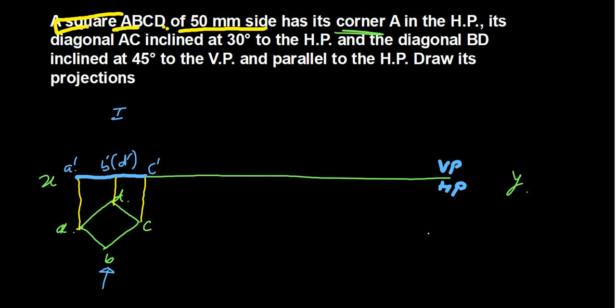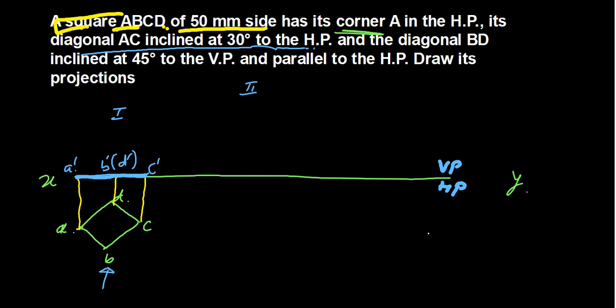Now we'll go for the second step. So in the second step, the diagonal AC is inclined 30 degree to HP. So this is AC which is making inclination 30 degree to HP.